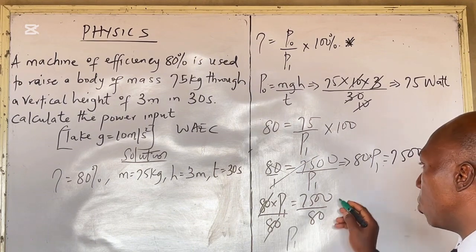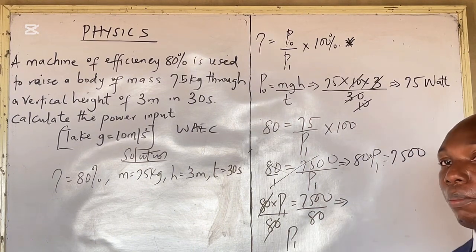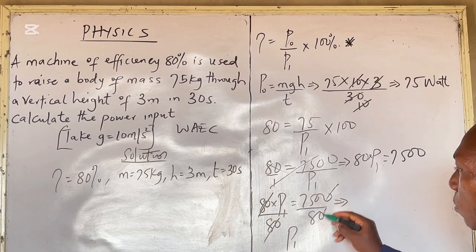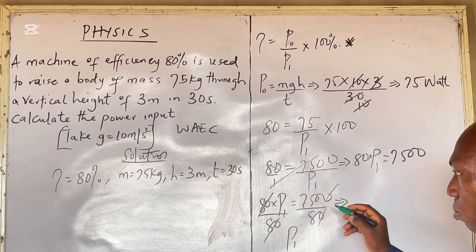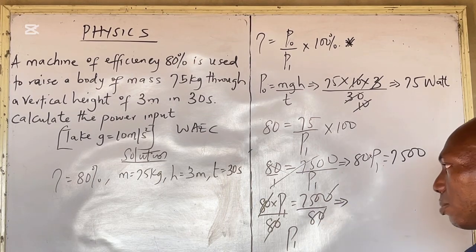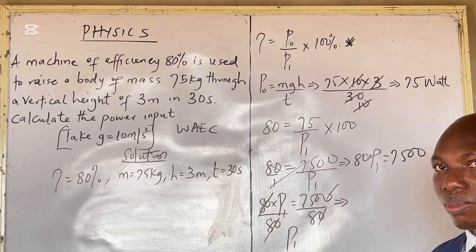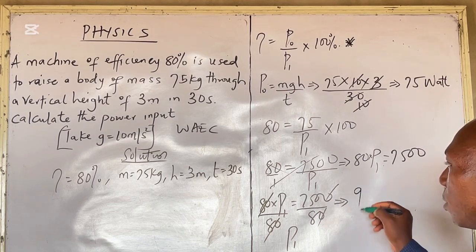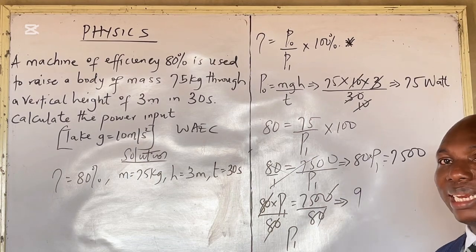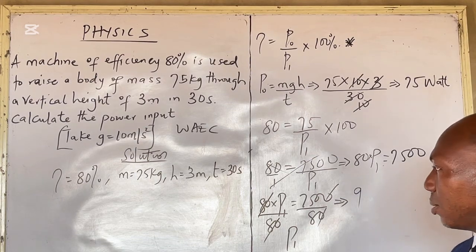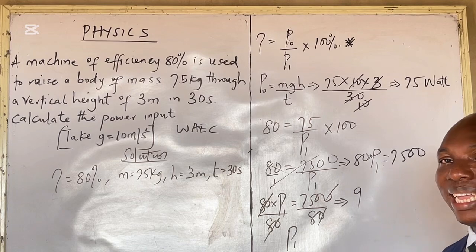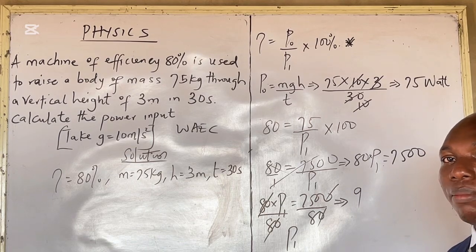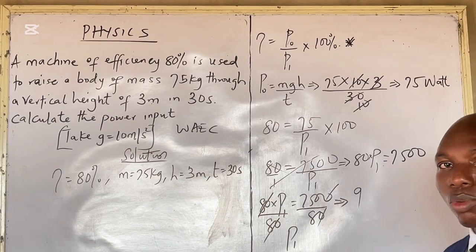Our power input, let's do it here. 0 cancels 0. 8 in 7 is impossible. 8 in 75, that's 8 times 9, 72. Remainder 3. 8 in 30, that's 8 times 3, 24.